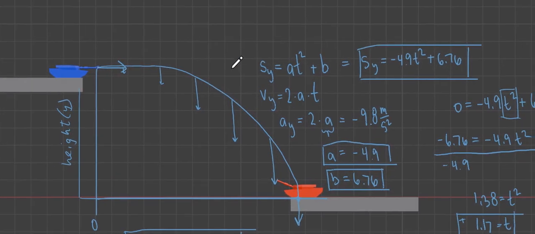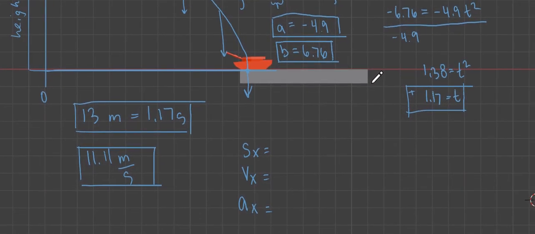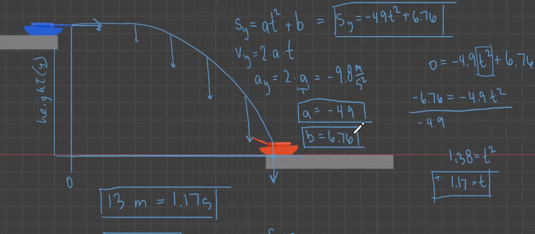Whatever the wind speed is, or the acceleration, that would have to be measured with some sort of instrumentation, and you would follow the same methods of finding the acceleration, similar to how I found the acceleration in the y direction.